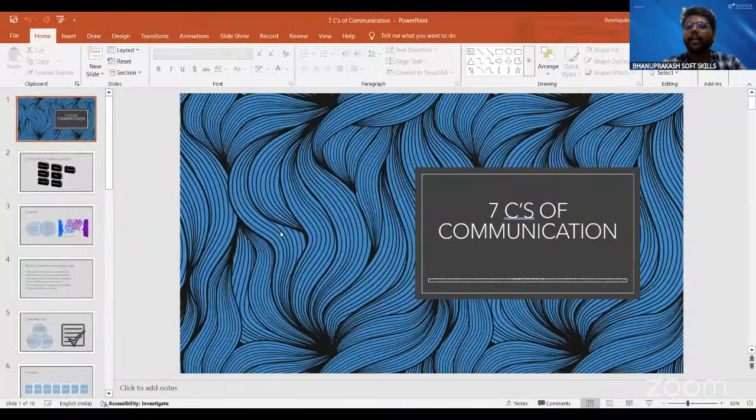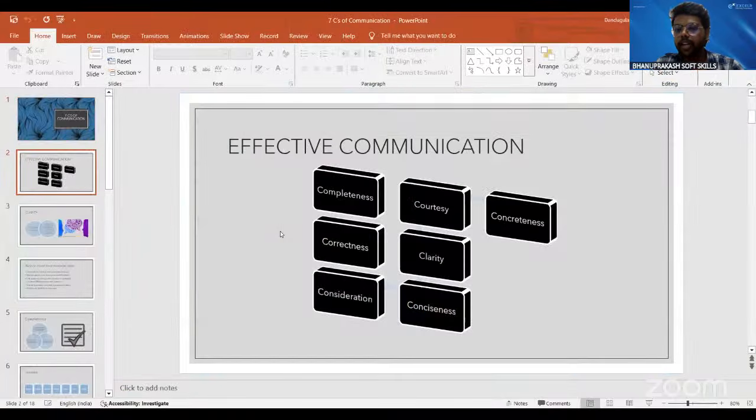So here are the 7 C's of communication that we need to follow: completeness, correctness, consideration, courtesy, clarity, conciseness, and concreteness. Okay. Now let's discuss one by one.